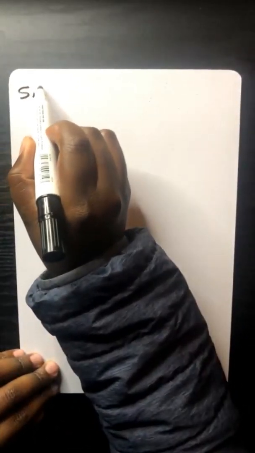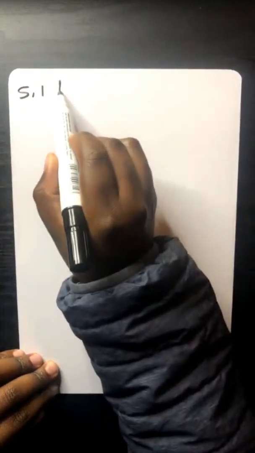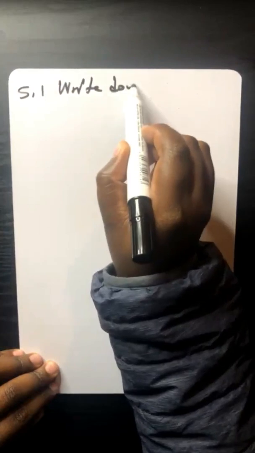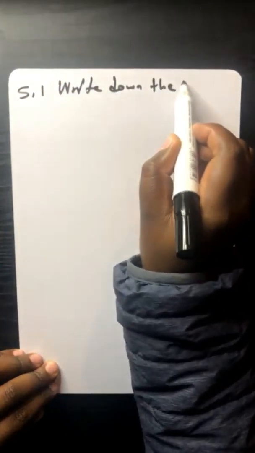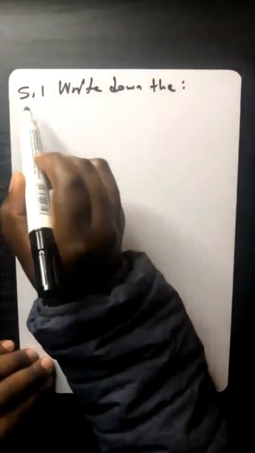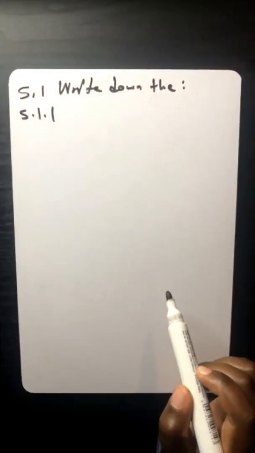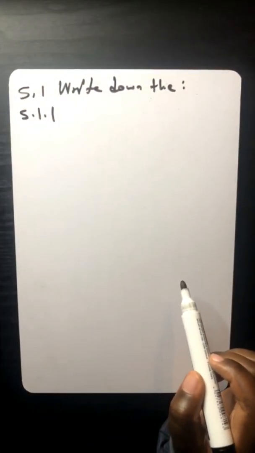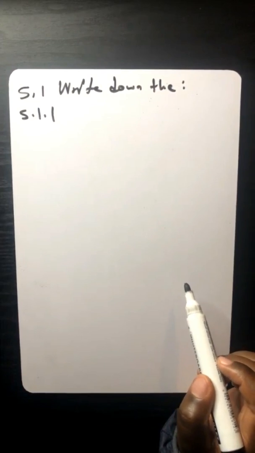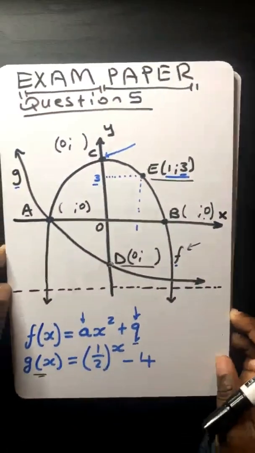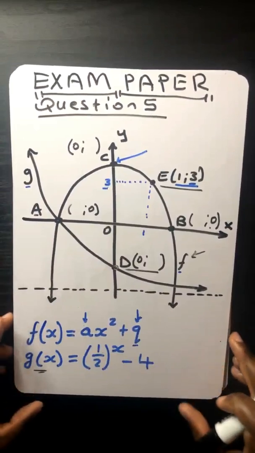So question 5.1 says, write down the following. 5.1.1, remember, guys, it's very important that you follow the numbering system used in the question paper. So 5.1.1 says, write down the coordinates of D.